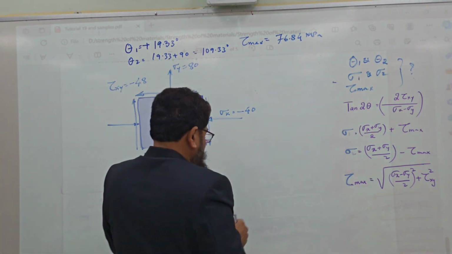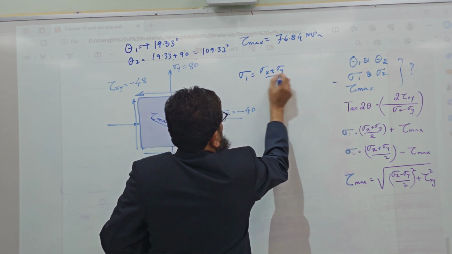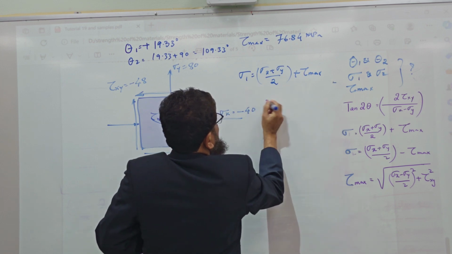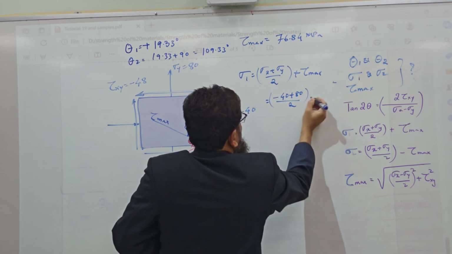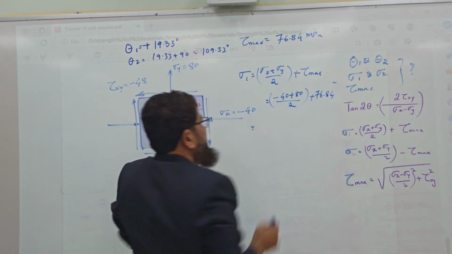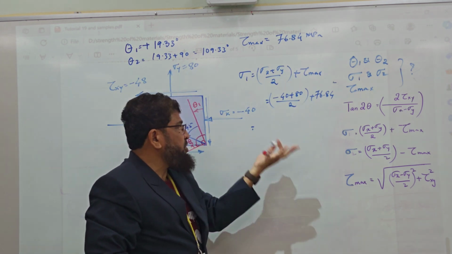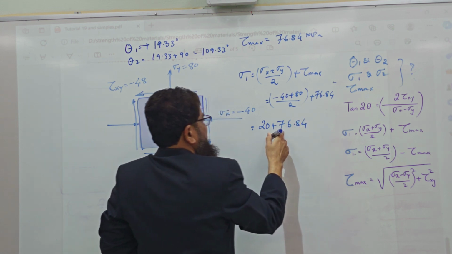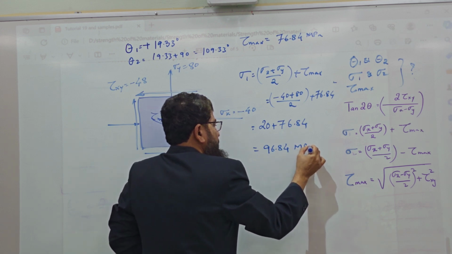Now let me do sigma 1, which is sigma x plus sigma y by 2 plus tau max. Sigma x is minus 40 plus 80 divided by 2, plus tau max, which is 76.84. 40 divided by 2 is 20, plus 76.84 gives 96.84 megapascal.